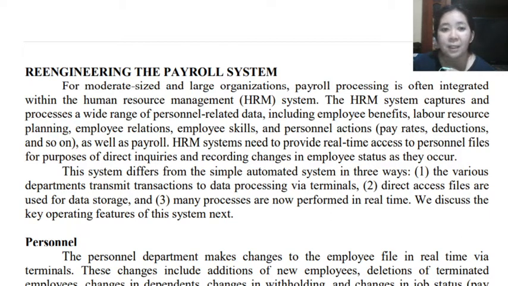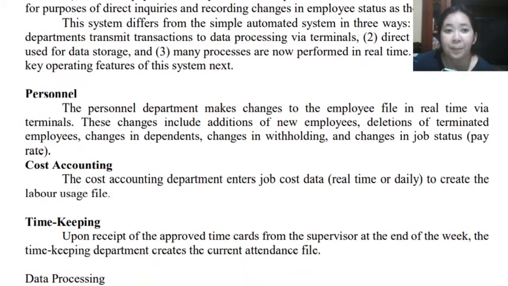So here we will discuss the key operating features of this system. For the personnel department, they will make changes to the employee file in real time via the terminals or portals. These changes will include additions of any newly hired employees, deletions of terminated employees, and changes in the dependents or the status of their employees, changes in withholding, and job status or pay rate.